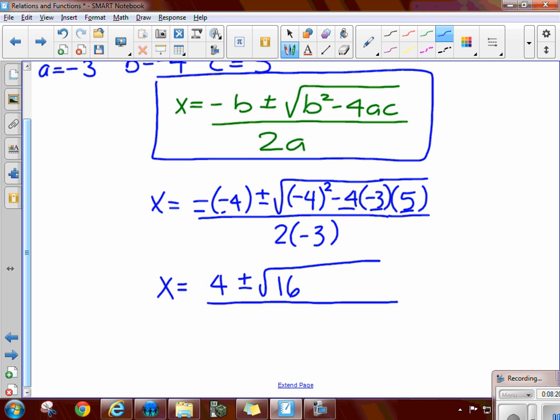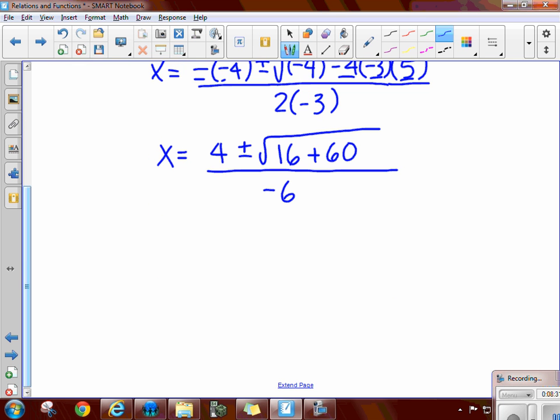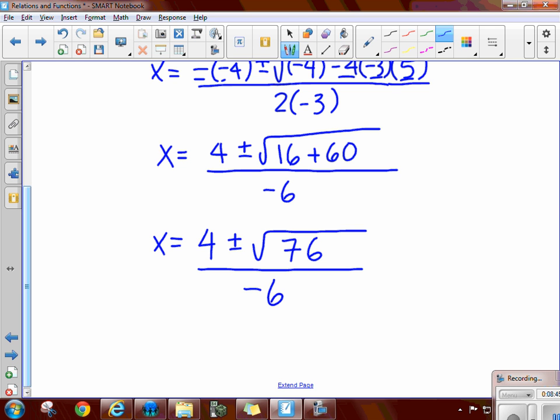Times a 5, that's positive 60. And the denominator now, 2 times negative 3, well, that's just negative 6. Now we clean up what's in that radical sign. So we have 4 plus or minus the square root of 76 all over negative 6.